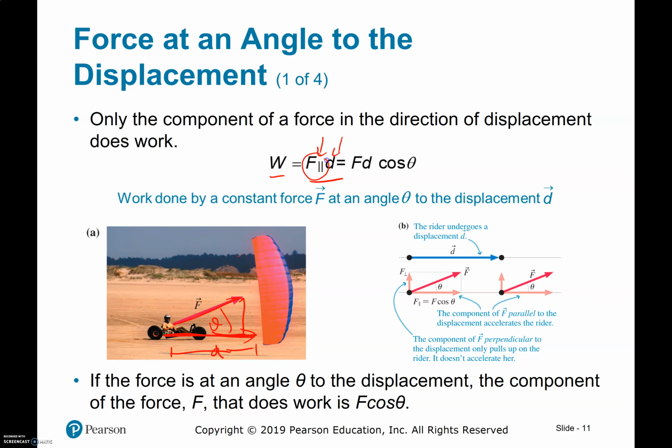And this F parallel, what is that? Well, that is F cosine theta. So the work in general then is force times cosine theta, that is the parallel component of the force along the displacement, times the displacement.